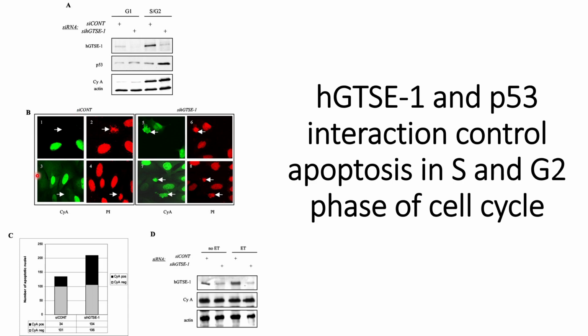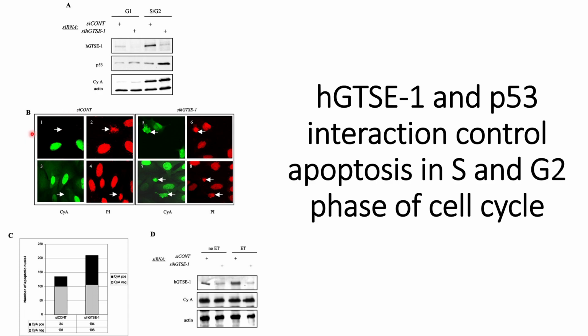The green color shows the cyclin A signals, and this is the counter propidium iodide dyed image, and this arrow indicates the apoptotic condition of the nuclei.